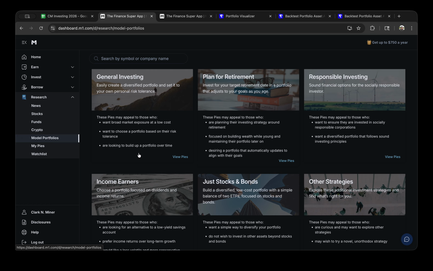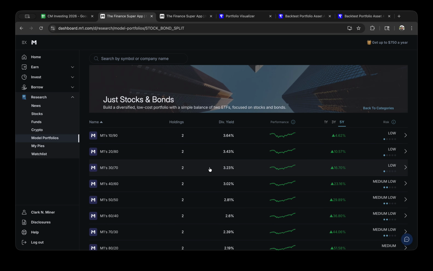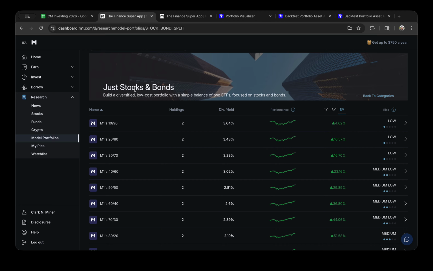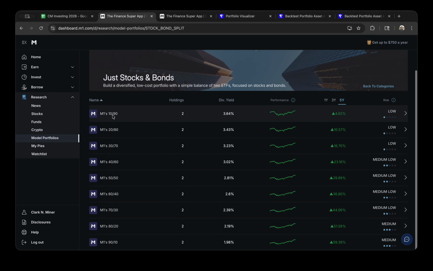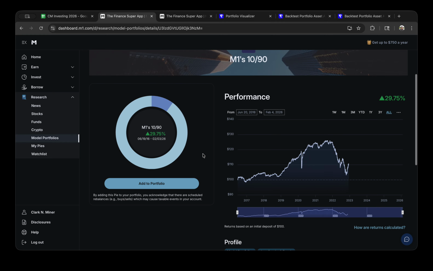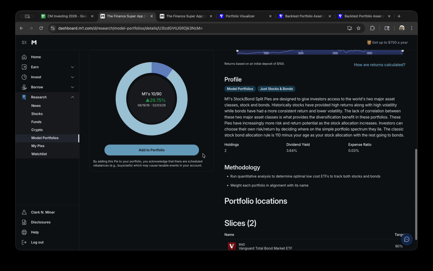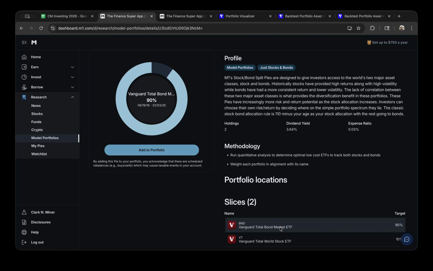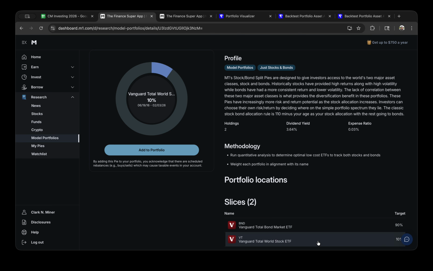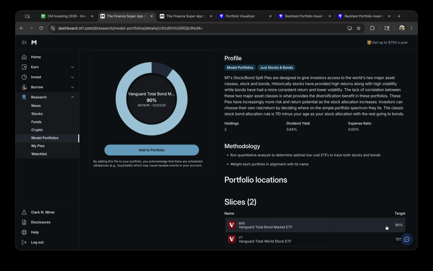So, you can check out all of these. I wanted to share a few here. If you want just stocks and bonds, this is a different mix of stocks and bonds, right? So 10-90, that means 10% of your money goes into stocks, and 90% goes into bonds, right?